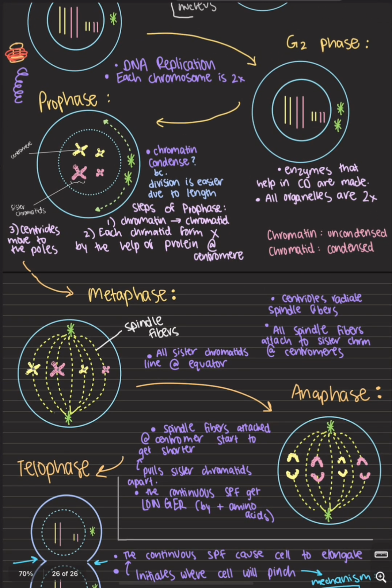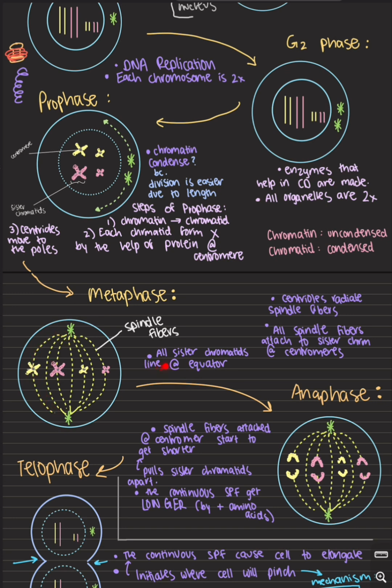So then it enters metaphase stage, where we saw the centrioles radiate towards the poles. Well, now these centrioles, they're going to radiate things called spindle fibers. And spindle fibers, they're fibers that attach. So some spindle fibers attach to the sister chromatids.